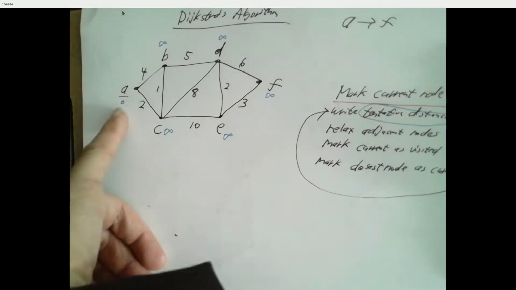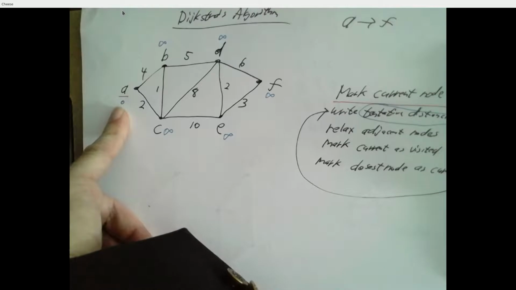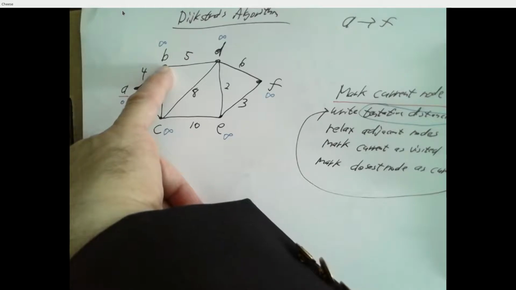And then relax adjacent nodes. So what this means is we're currently working on node A. We know we can get to node A in a distance of 0. If we can get to node A in a distance of 0, and the distance from A to B is 4, we know that we can reach node B in 0 plus 4, which is 4 steps, right?